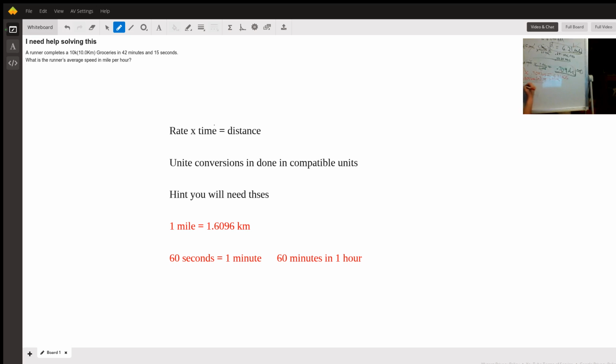Get R by itself, divided by 0.704 hours. Hopefully you can see that with the red marker. Sometimes that's harder to see. And now that crosses out.